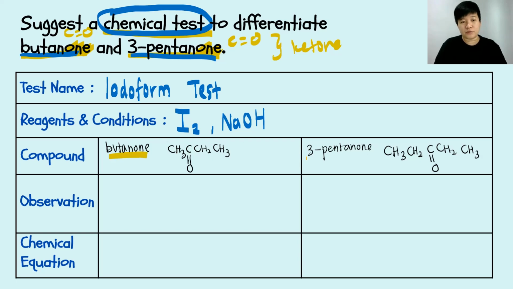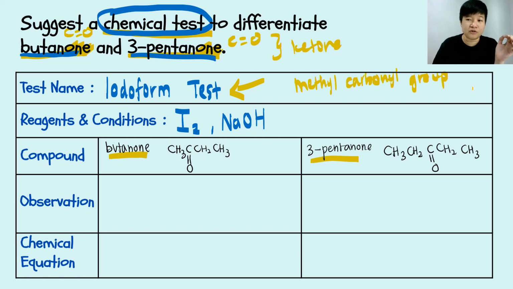And looking at your butanone and pentanone, which one will give you positive iodoform? The one having the methyl carbonyl group. So your methyl carbonyl group is a C double bond O holding CH3 on the same carbon. So which one has the methyl carbonyl group? Obviously, your butanone over here has the methyl carbonyl group.